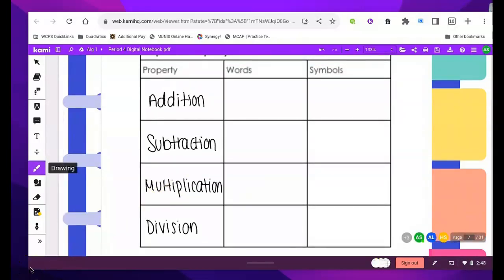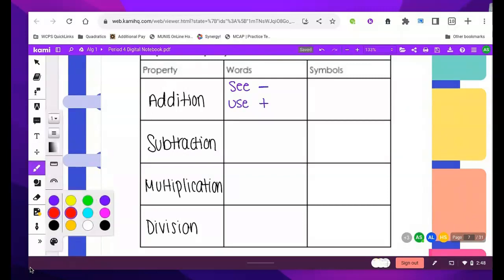In words, the addition property says when we see subtraction, we use addition to undo whatever it is we're trying to solve for. So we see subtraction, we use addition to undo that.